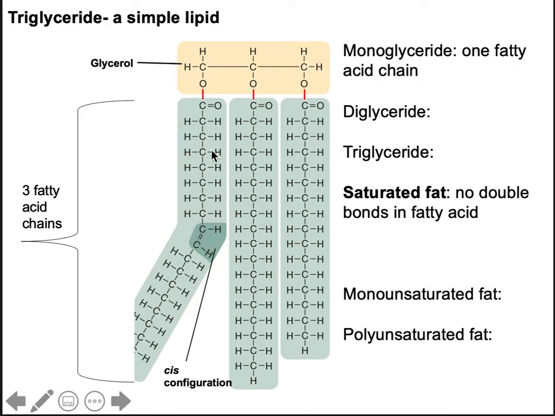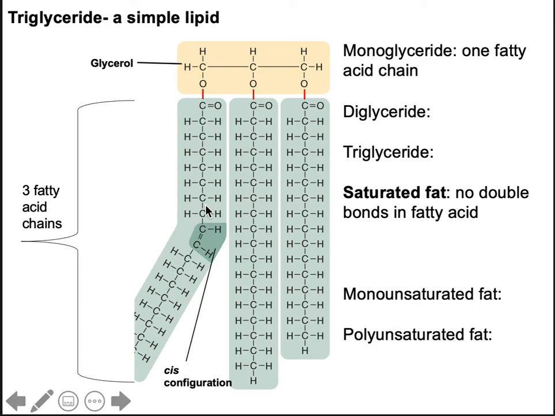And since it's only one double bond in this whole fatty acid chain, just one double bond means it's a monounsaturated fat. If it had two or more double bonds along the chain, then it would be a polyunsaturated fat.